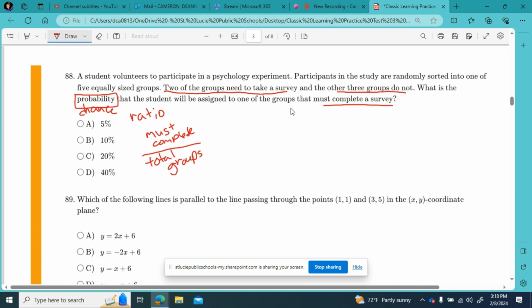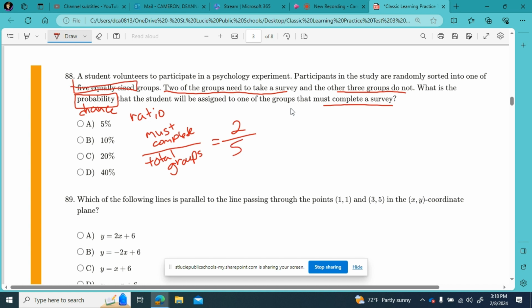They didn't say ratio against non-completing groups, but the total groups. So how many groups must complete the survey? It was 2. And how many total groups are there? 5 equally sized groups, so 2/5.